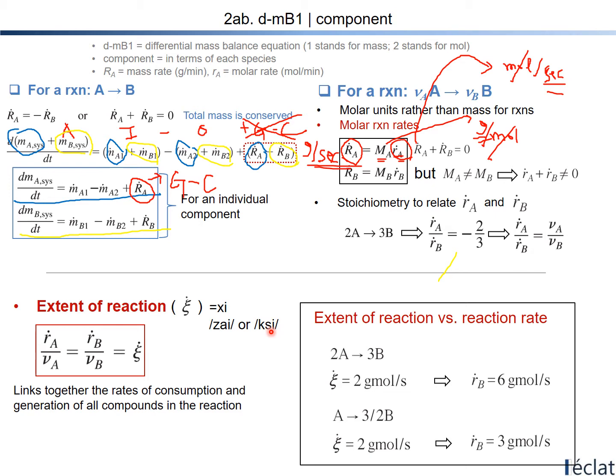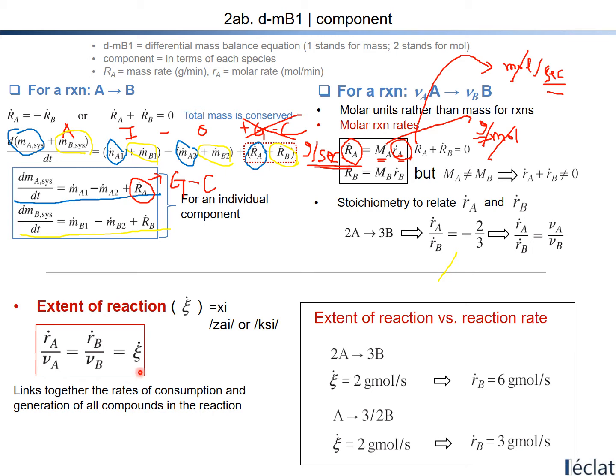And let me define one single extent of reaction for a single chemical reaction equation. Let me start with this equation: r dot A per nu A is equal to r dot B over nu B. It means the molar reaction rate of a component normalized by the corresponding stoichiometric coefficient always has the same value.